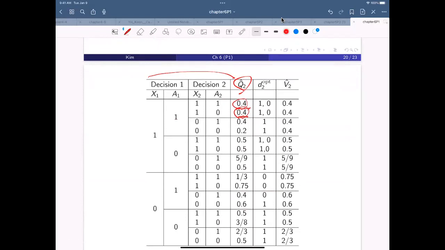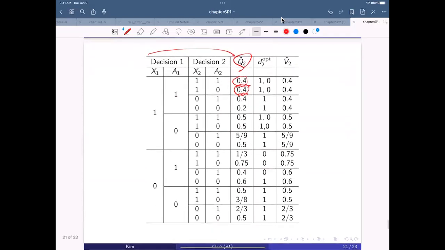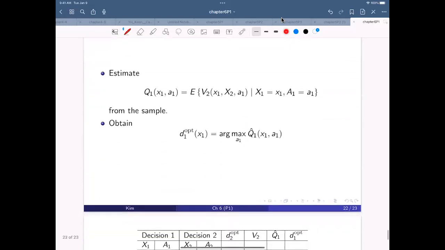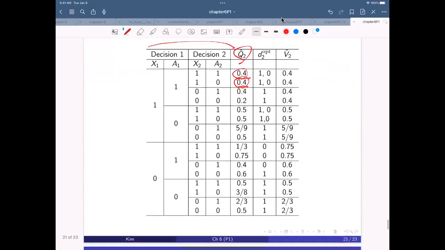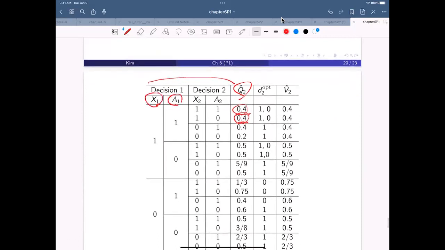And now what you need to do is to compute the conditional expectation of the V2 given x1 and a.